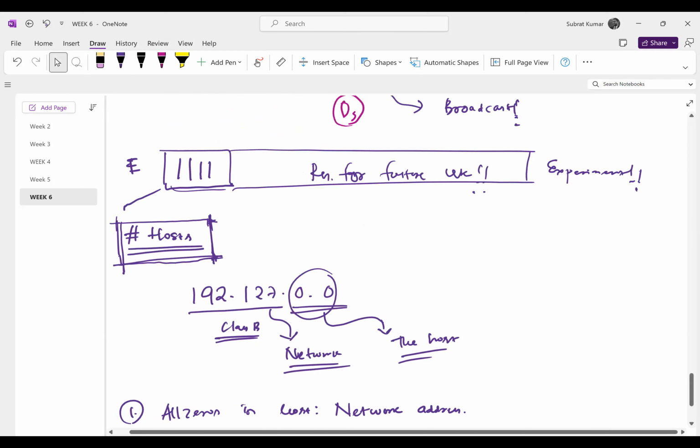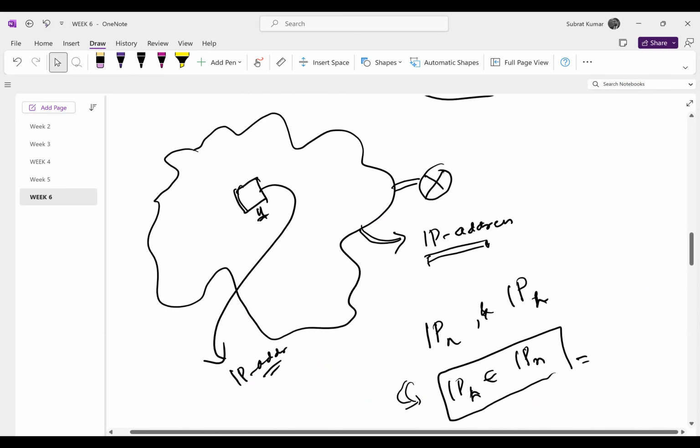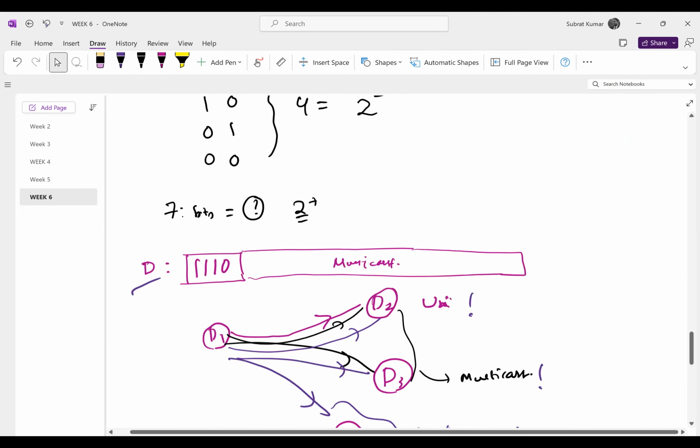in host, that is the network address. So I'll just draw it again here.